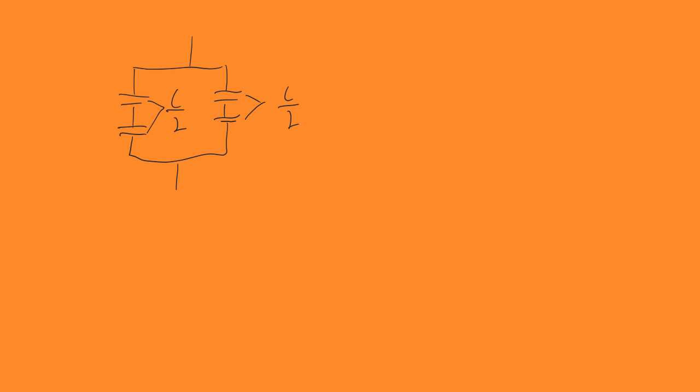Same thing. And then we add them together, because in parallel we add the capacitances. So in this case, the equivalent capacitance is just going to be the original capacitance. So we used 4 capacitors to get the effect of 1 capacitor.